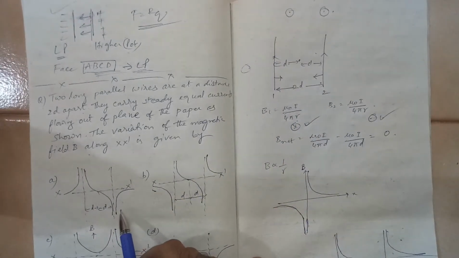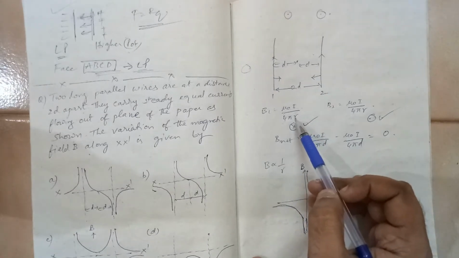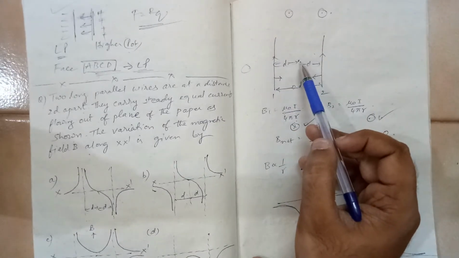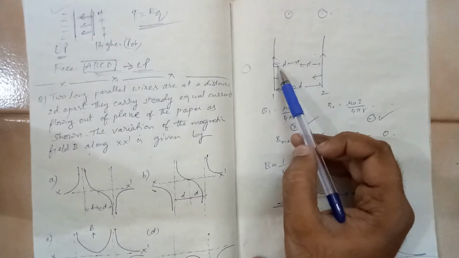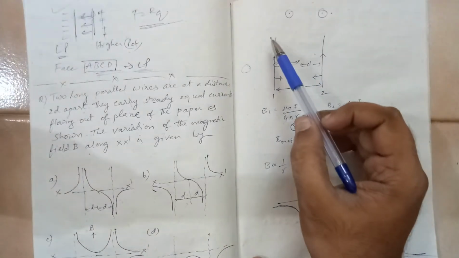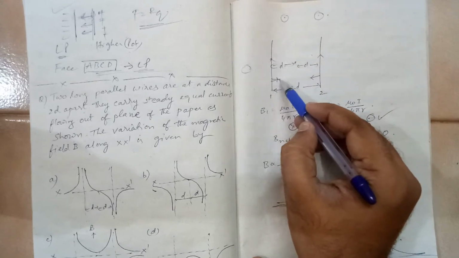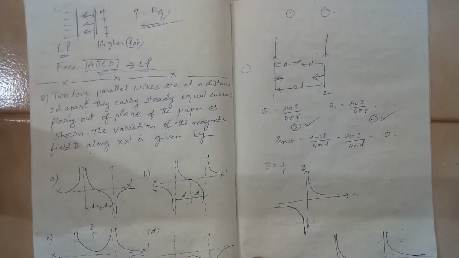Now r is the distance at which you are finding the magnetic field. For a long wire, I is the current and r is the distance at which you are trying to find the magnetic field. Let us say I try to find it in the middle of these two wires. These two long wires will have an attractive force towards each other.